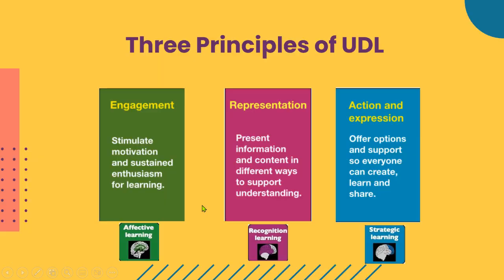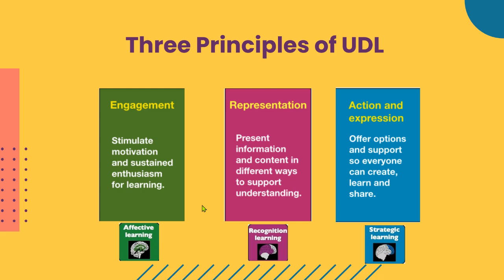So the three principles of Universal Design for Learning are engagement, to stimulate motivation and sustain enthusiasm for learning. So that's the effect the learning has on the learner. And representation, it presents information and content in different ways to support understanding.